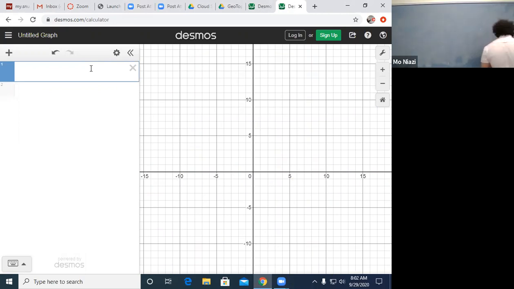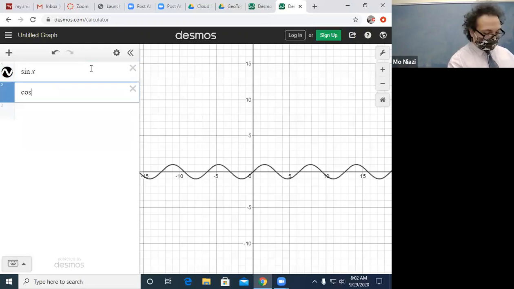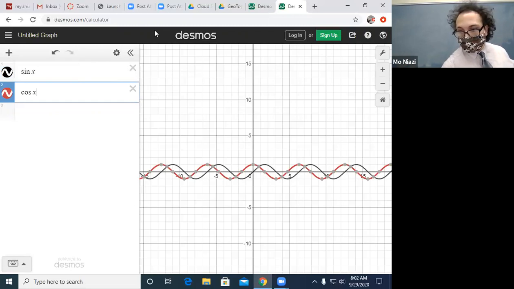Okay, so we've already talked about what sine and cosine look like. Just real quickly, I don't even have to touch some chalk. Remember, here's sine of x, here's cosine of x. I want to make this chat look smaller.